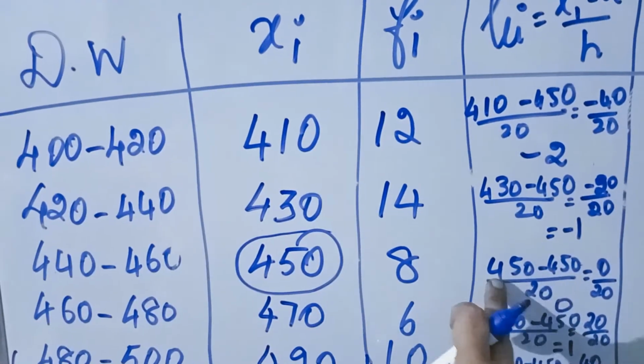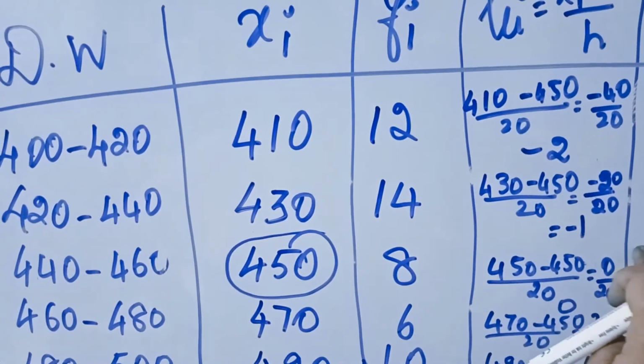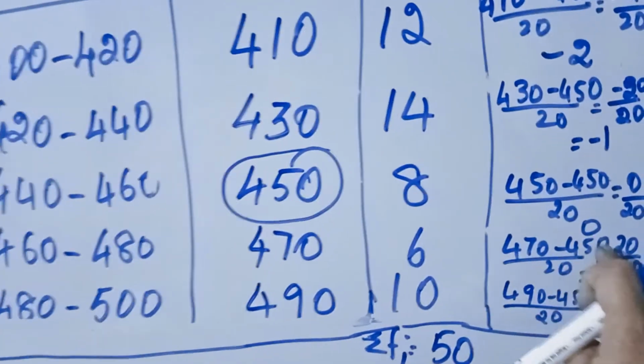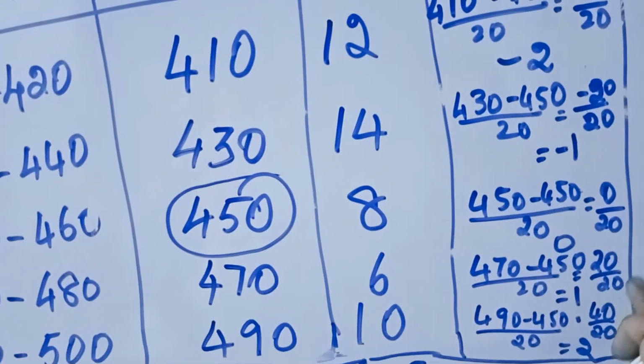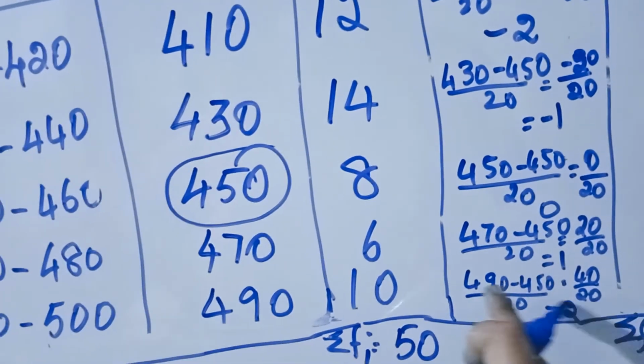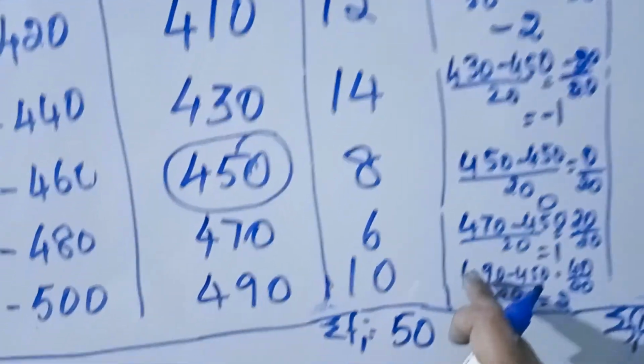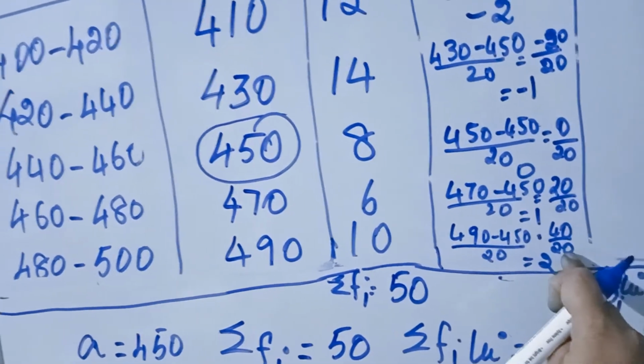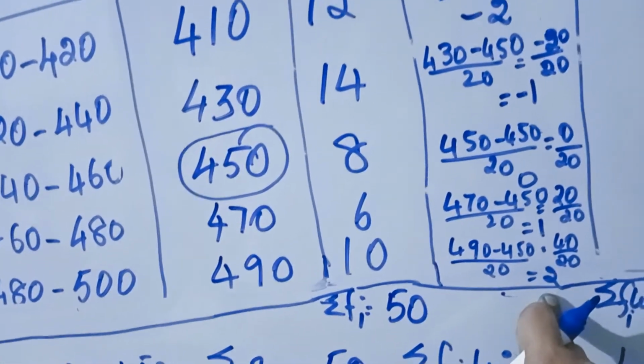Then 450 minus 450 is 0, 0 by 20 is 0. Then 470 minus 450 is 20, 20 by 20 equals 1. And 490 minus 450 divided by 20 is 40 by 20, so the answer is 2.